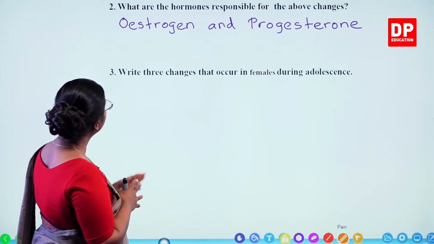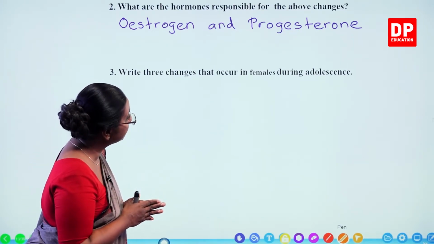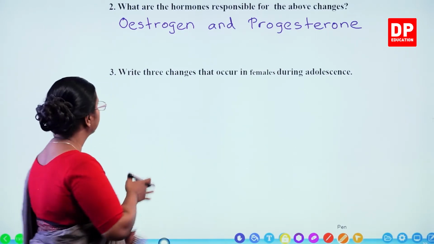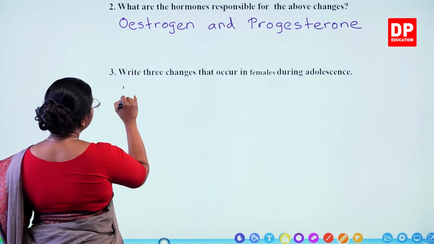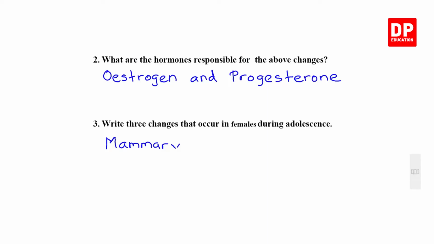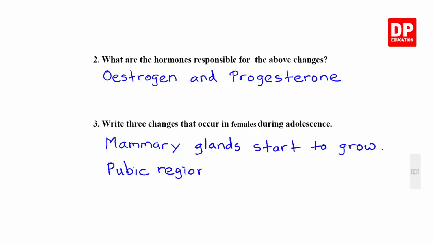So you are supposed to write 3 changes that occur in females during adolescence. We can write any 3 changes. So I will say mammary glands start to grow. Then pubic region widened.